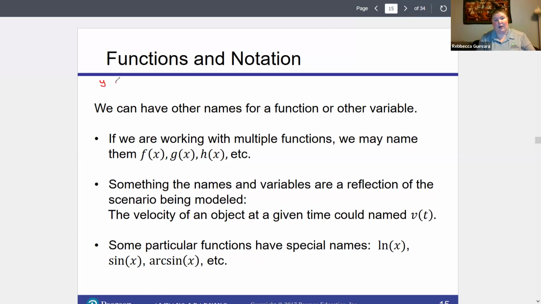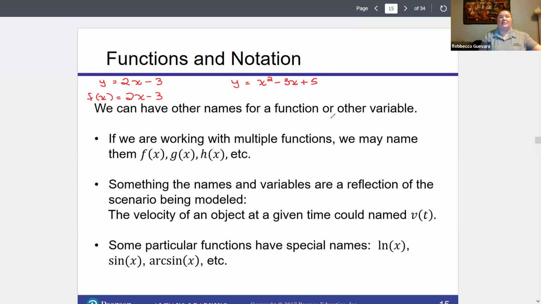If I have y equals 2x minus 3, I can just say that is function f of x, which is 2x minus 3. Now let's say I have another equation, y equals x squared minus 3x plus 5. Well, this is a completely different equation.